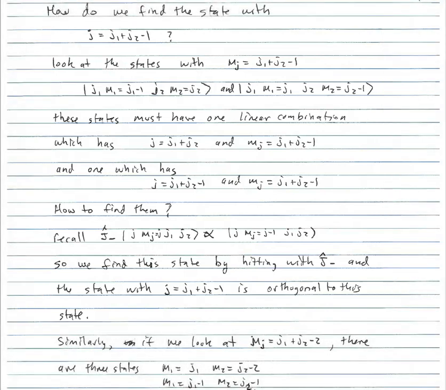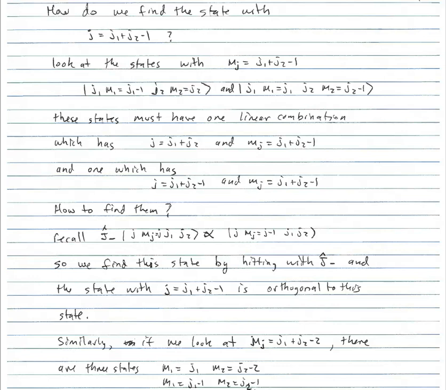Now again, I'm going to pause for just a second to make sure that you're clear on how this works, because again, this is critical to being able to work with these states. When I look at this state that has mj one less than the maximal allowed value of mj, I have a representative that has total j equals j1 plus j2 and a representative that has total j equals j1 plus j2 minus 1 in terms of the linear combination of those two states.